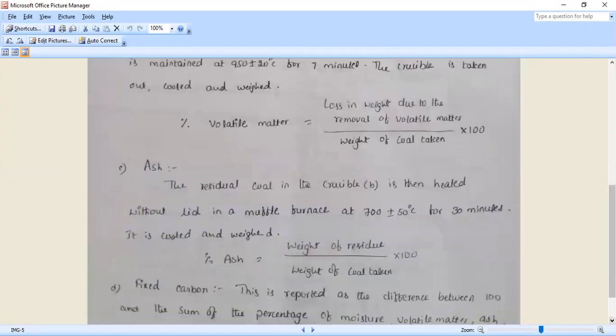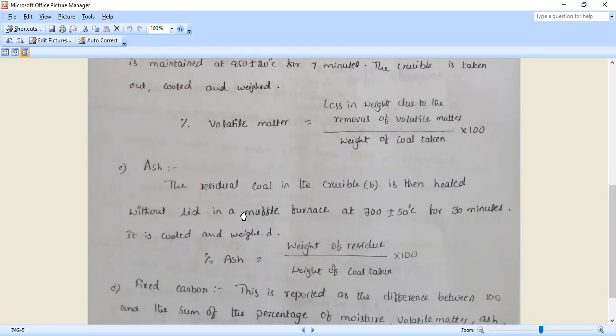Next we go for ash content. We take coal powder in a crucible and heat it without the lid. For volatile matter we kept the lid, heated, cooled the crucible and calculated the percentage of volatile matter.